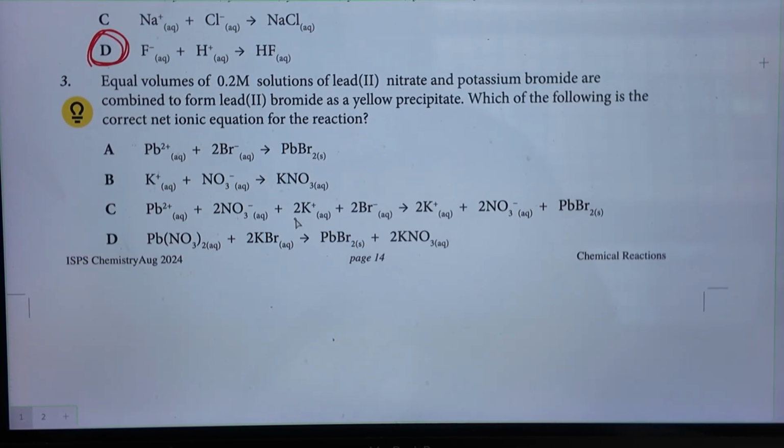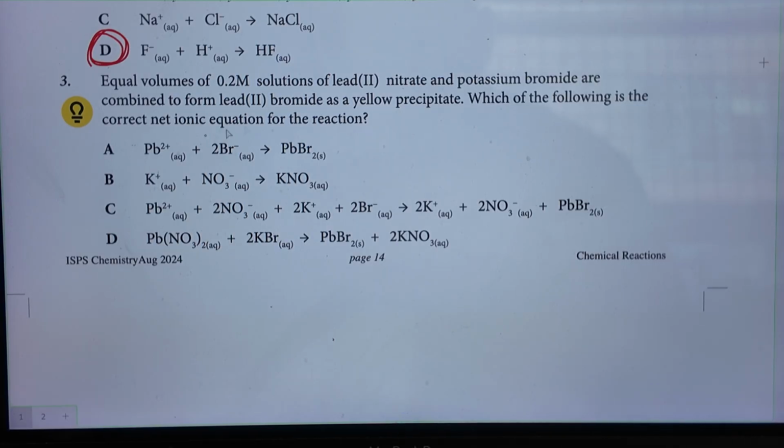Next question. Equal volumes of 0.2 mole solutions of lead nitrate and potassium bromide are combined to form lead 2 bromide as yellow precipitate. Which of the following is the correct net ionic equation for this reaction? So what's happening is this is a precipitation reaction.